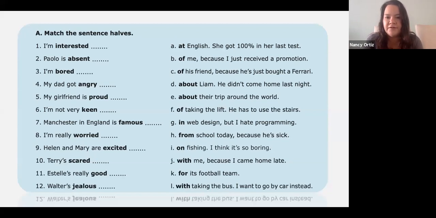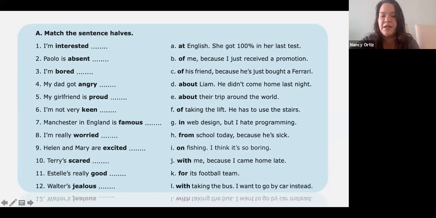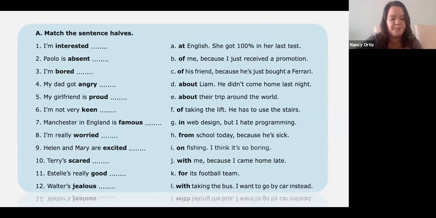Let's check, okay? Laura, can you please do number 1? I'm interested in web design, but I hate programming. Okay, Laura, choose who's next. Alma, number 2.